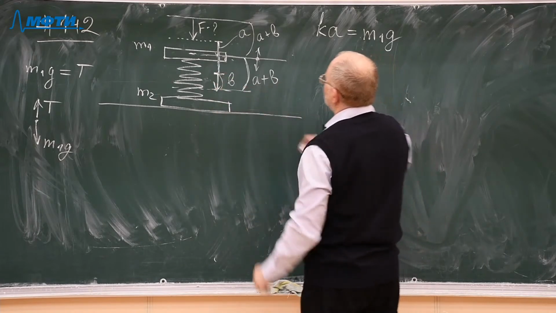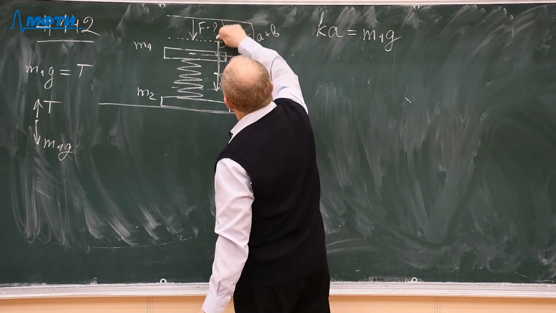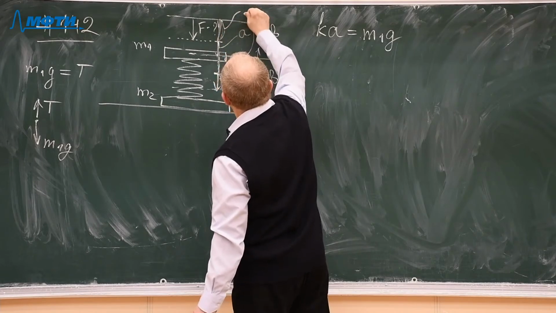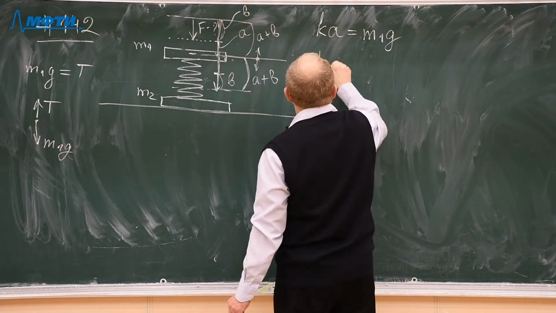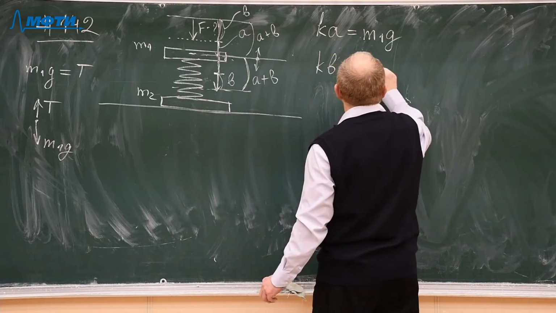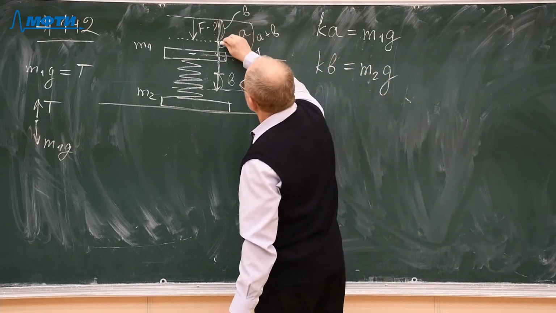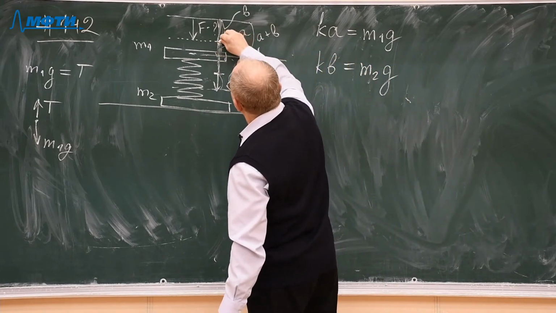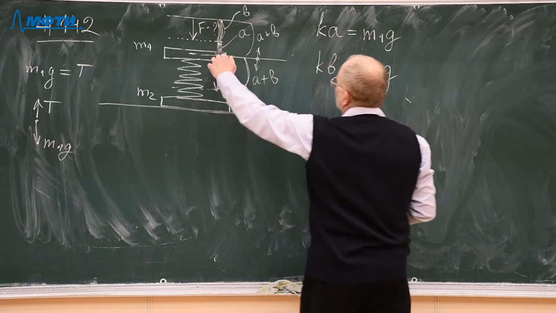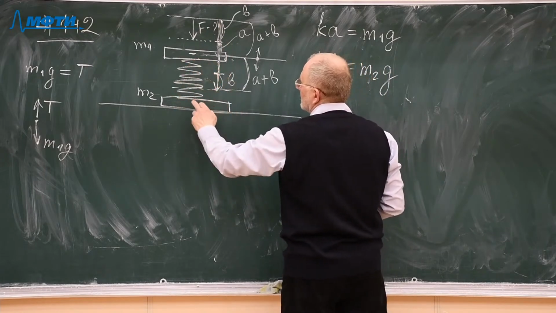And the b must be such that the extension of the spring by distance b gives the force equal to the weight of the lower plate. That is distance a, and that is additional distance b. It must be so large that the extended spring lifts the lower plate.